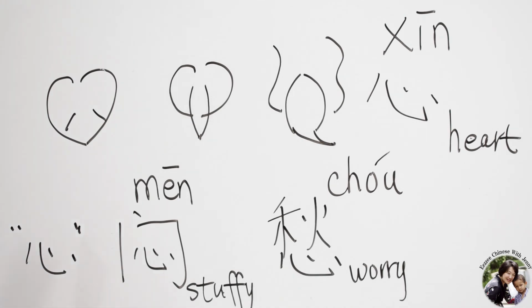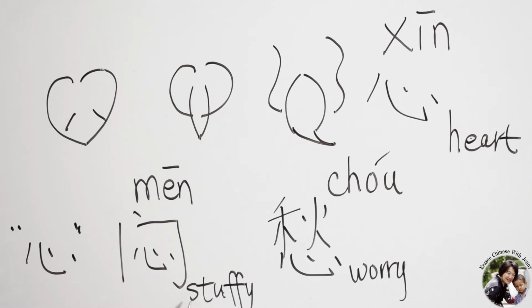For example, remember, this outer layer means the door, as if you shut your heart inside the door. The pronunciation is men. Remember, this door's pronunciation is men, and similarly, this one is pronounced men.